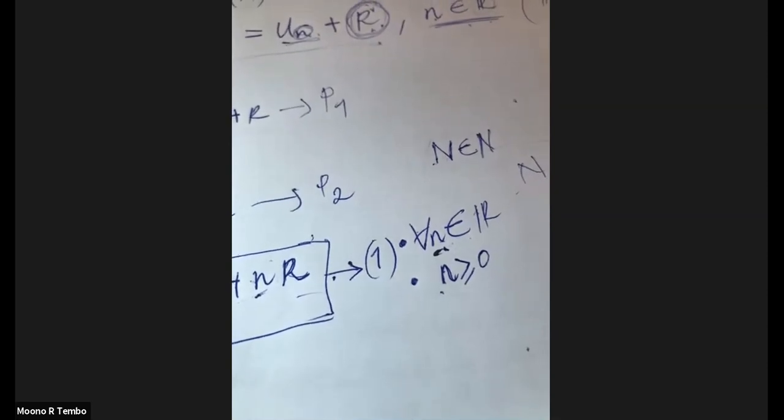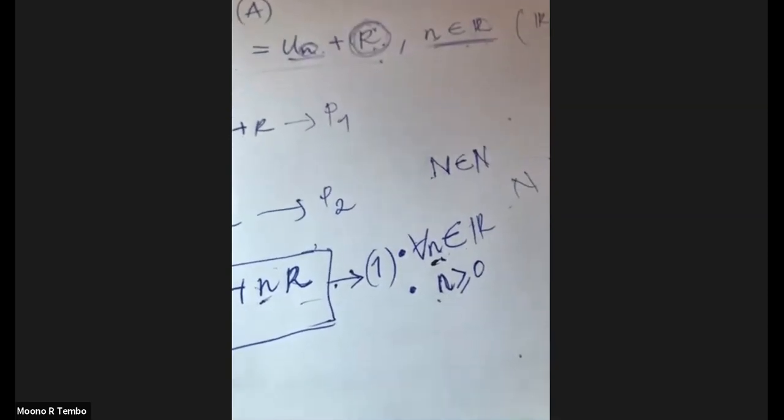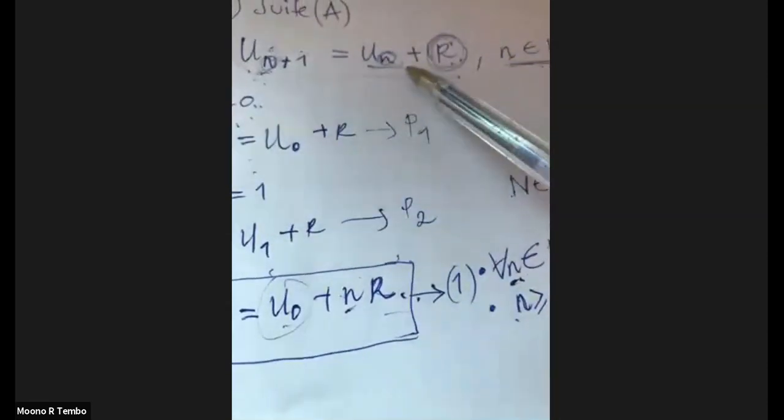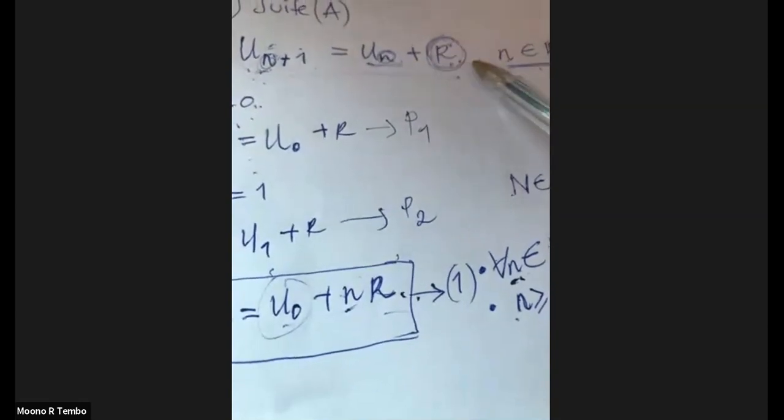So now, basically this arithmetic suite, you have your arithmetic representative, you've got the other suite here, then here becomes n plus 1.